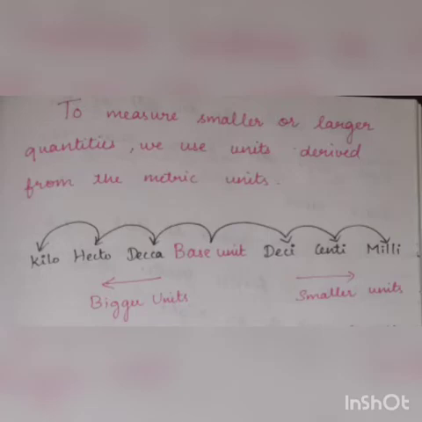Base unit is in the center. Next, deci, centi, milli are all smaller units when compared to base units. Next, deca, hecta, kilo are all bigger units when compared to base units. Understood? So always our small units will be on the right side and big units will be on the left side.